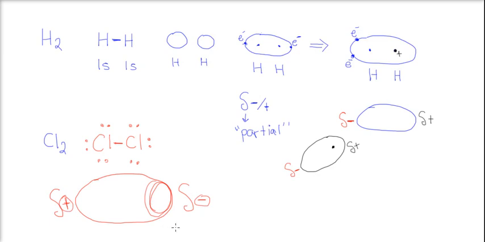And because the charges are much larger, the attractions between these partial positive and partial negative ends are also much stronger. And this then goes into predicting the physical properties of hydrogen versus chlorine in terms of boiling points, melting points, density, and many other physical properties.